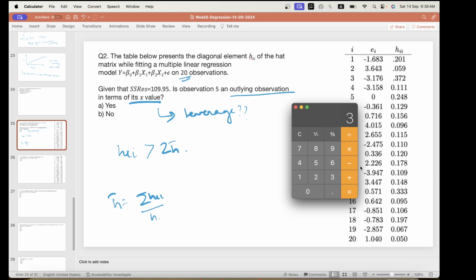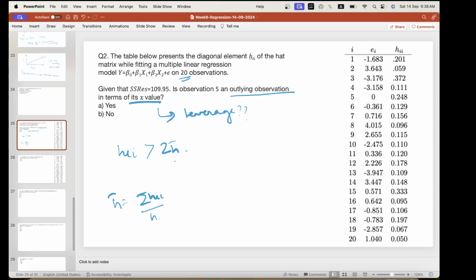This sum is 3. So 2 h bar is 2 into 3 by 20, which is 0.3. And hii for the fifth observation is 0.248.